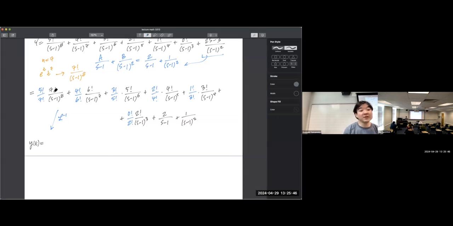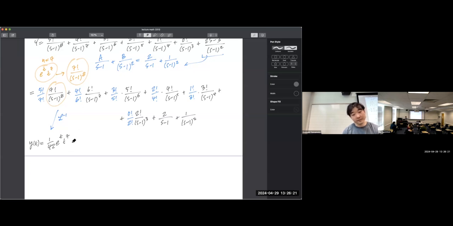So this 7 factorial over s minus 1 to the 8th is just going to be, literally, we just did this one. So it's going to be e to the t times t to the seventh. 5 factorial over 7 factorial is 1 over 6 times 7, and that's 1 over 42.